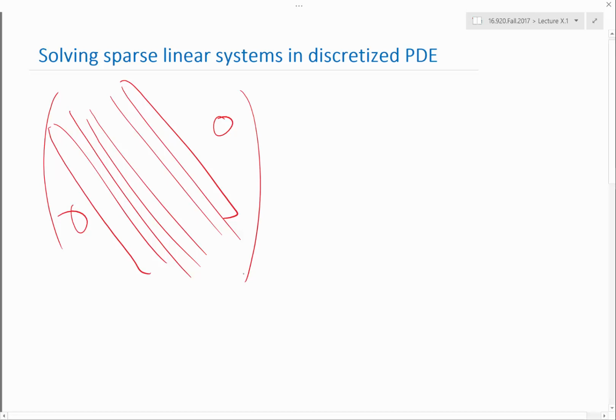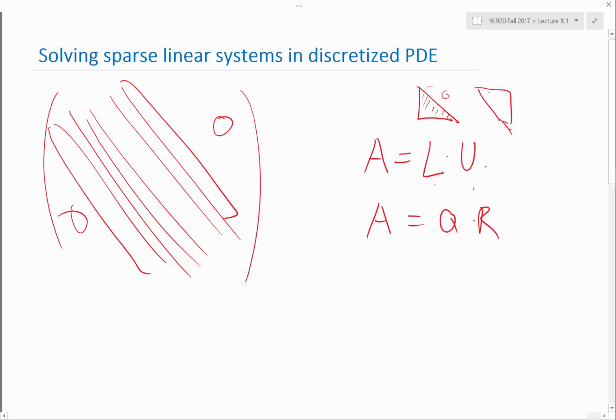The direct solver is like, if you take a matrix A and do LU decomposition, I'm decomposing A into L times U. If you're doing QR decomposition, I'm doing A equal to Q times R. There are different decompositions. In the LU decomposition, L is going to be a lower diagonal matrix. It's 0 up there and non-zero only on the lower diagonal part. U is upper diagonal. It's non-zero over here and 0 on the lower diagonal.